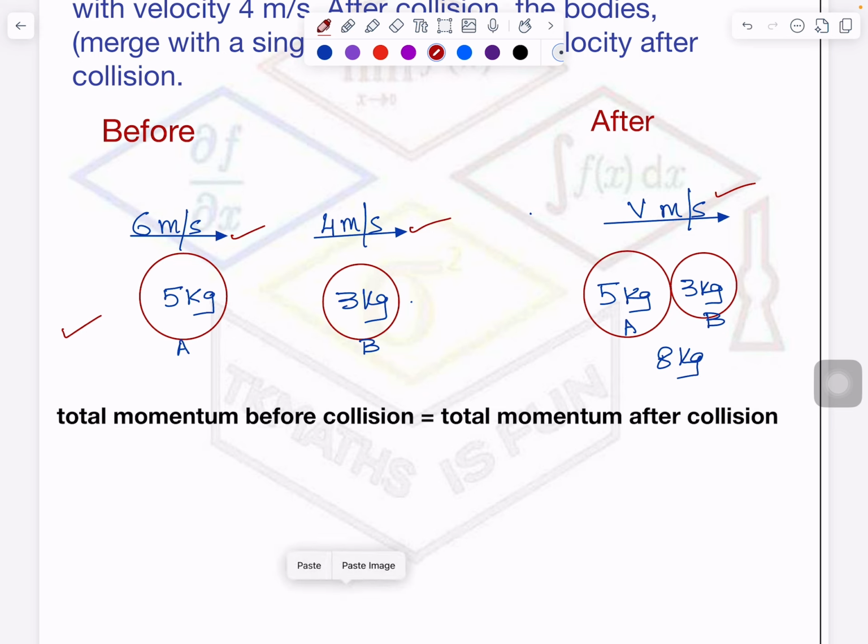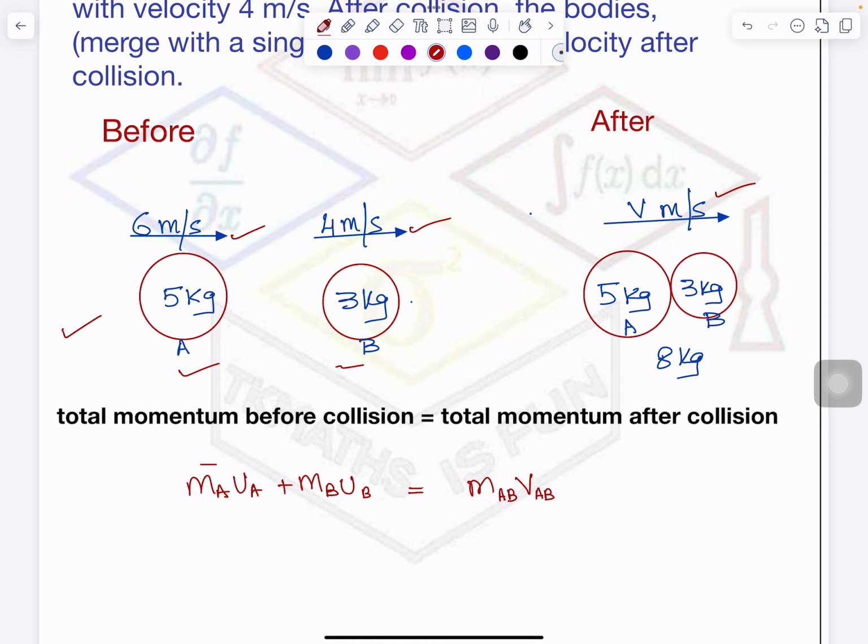So let's start with before. It is mAuA plus mBuB, right? I'm talking about these. This will be equal to m times v. Now this time A and B are together and it is v which is together.